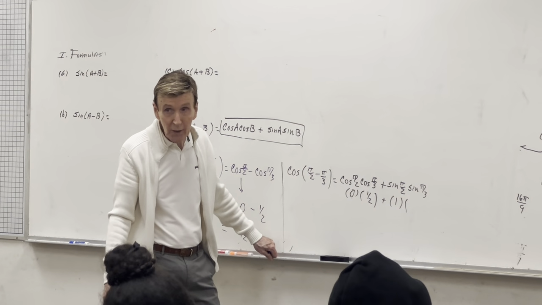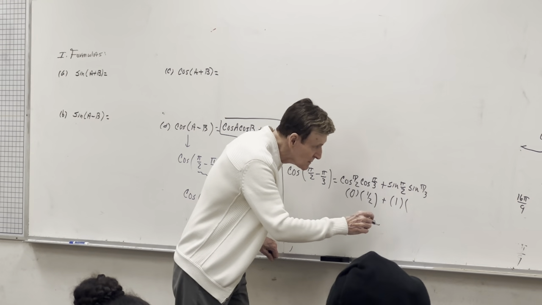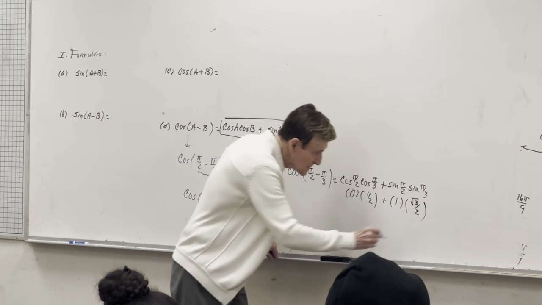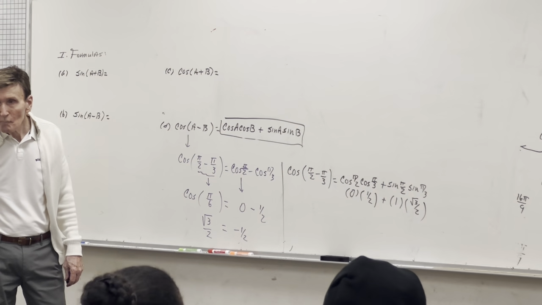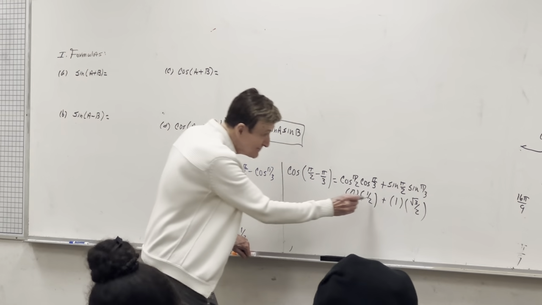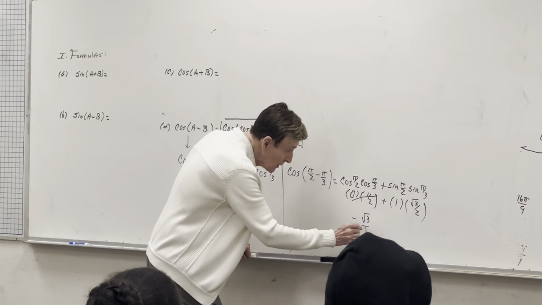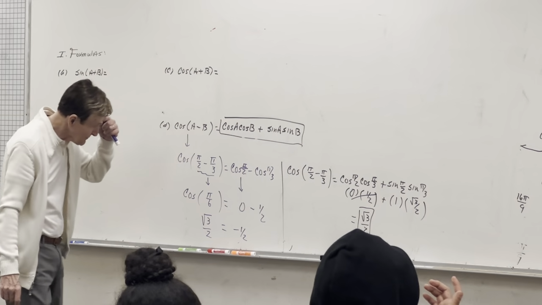Who recalls what the y coordinate of pi over 3 was? Help me out, guys. Was it radical 3 over 2? Yes or no? So this drops out, and you're left with radical 3 over 2 for an answer. If I use the formula correctly.